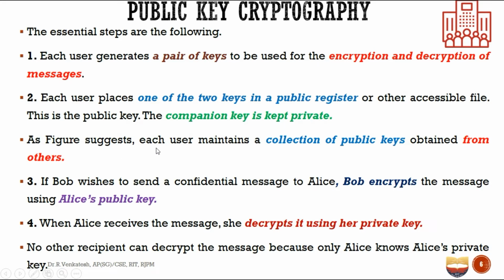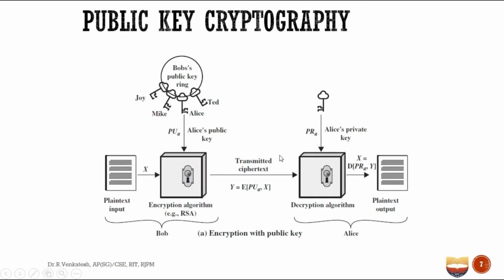As the following figure suggests, the user maintains a collection of public keys obtained from different users. This figure represents Bob. In this example, we have considered the sender as Bob and the receiver as Alice.